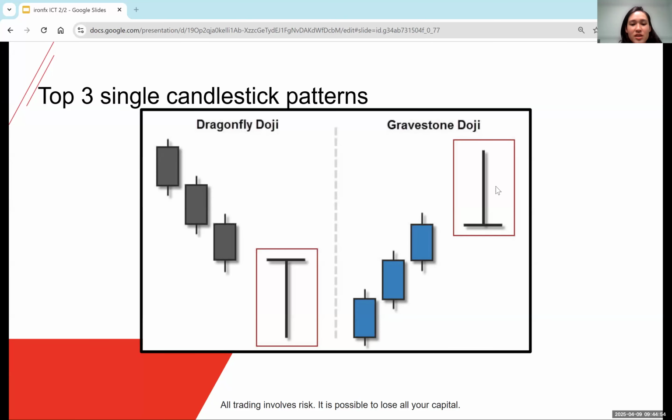So it tells you that there's market indecision or temporary equilibrium between buyers and sellers, but that's all it says. That's why you have to look at the context, or you can combine it with other technical analysis tools.